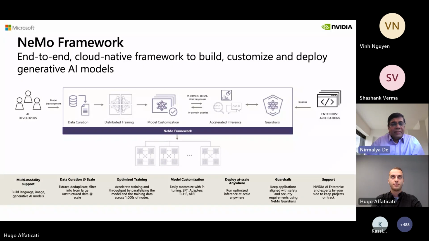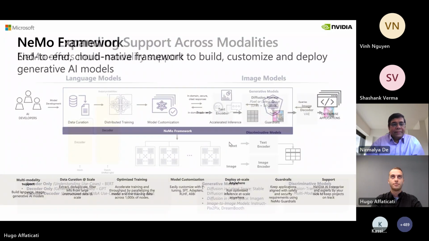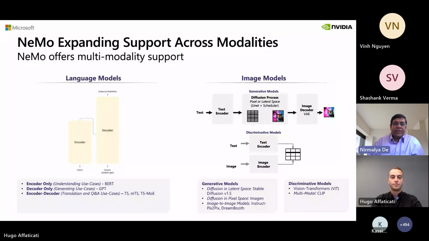Hugo, can you go to the next slide? Thank you. So on your left hand side, it talks about what architectures we are supporting. For the text side, it's GPT, T5, T5 MOE, and very large scale BART, like greater than 100 billion parameters. And we are continuously adding more and more model architectures.